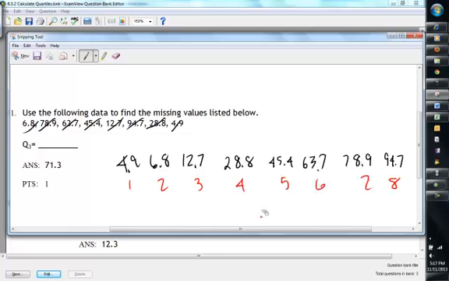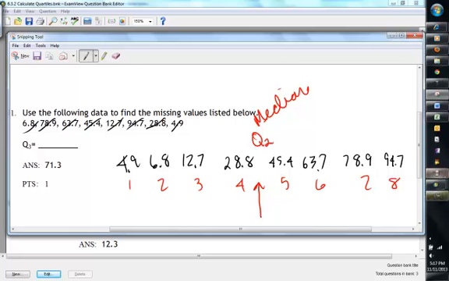Then the first thing you have to do is determine the middle, which is called Q2, or the median. Those are the same name for the same thing. Since there's an even number, the middle value will be halfway between the middle two values.